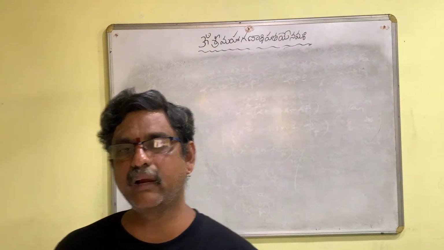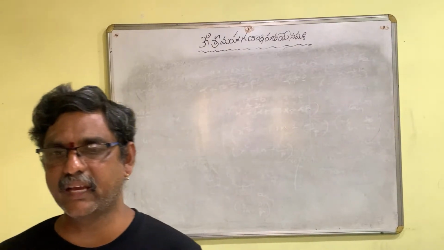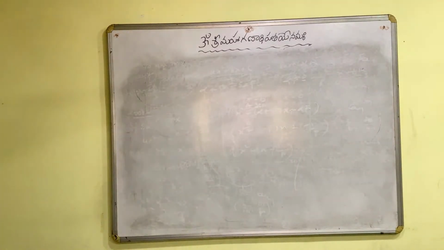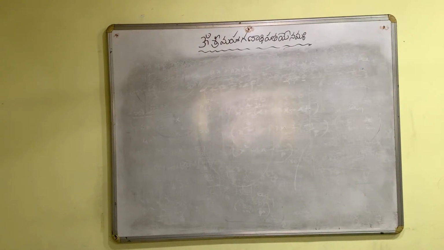They are representing a quadratic polynomial. It means they are like a parabolic structure, shape. You can't hear me? Hello? Now okay?